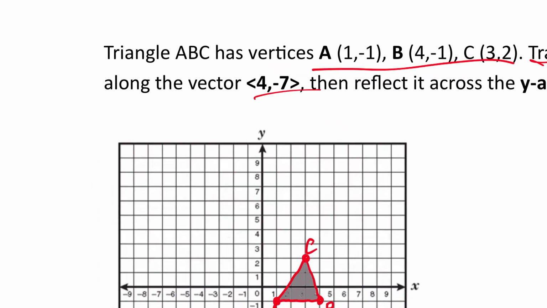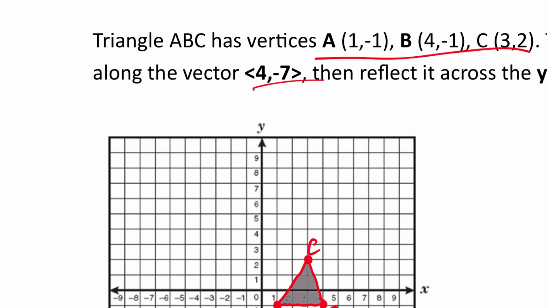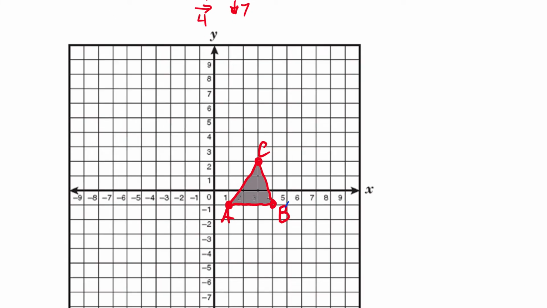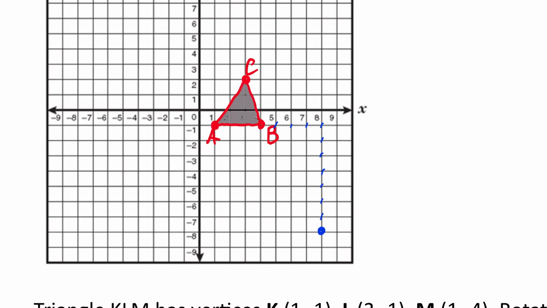So what's that vector 4, -7 going to do? Okay, good. It's going to go right 4, down 7. So we're going to go 1, 2, 3, 4, then 1, 2, 3, 4, 5, 6, 7. Okay, right 4, down 7.